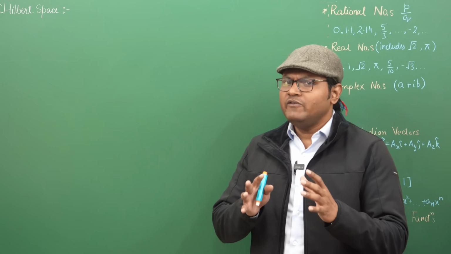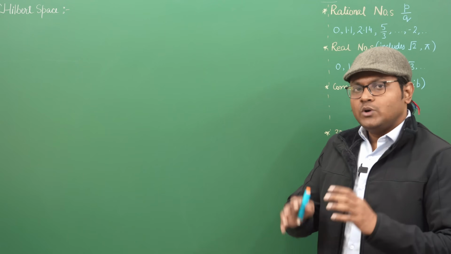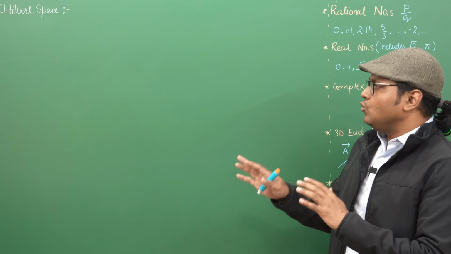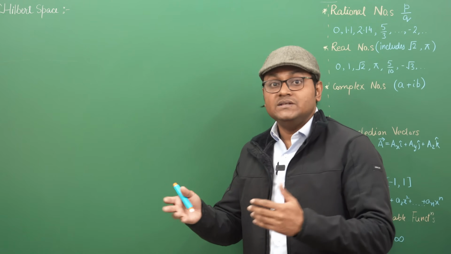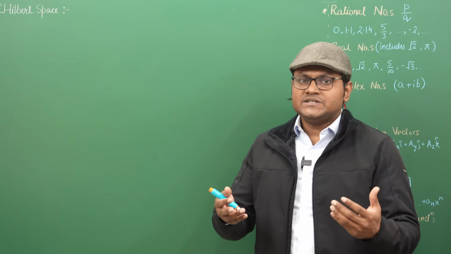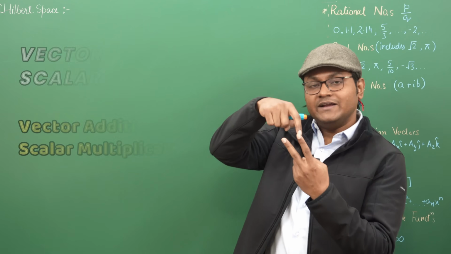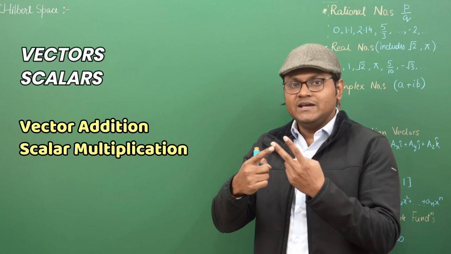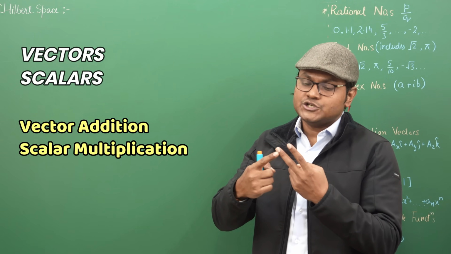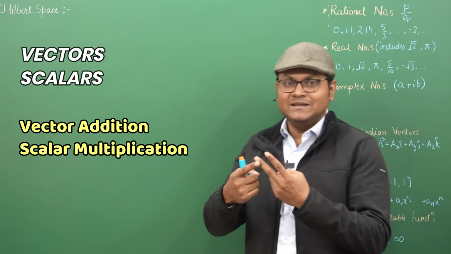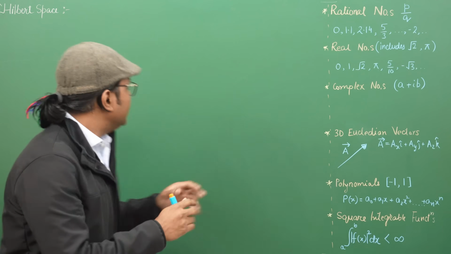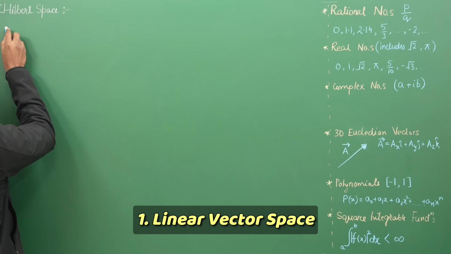But it need not be very difficult to understand. So first we need to explain what a linear vector space is. A linear vector space consists of two elements, vectors and scalars, and it has two mathematical operations, vector addition and scalar multiplication. That's it. That is a linear vector space.